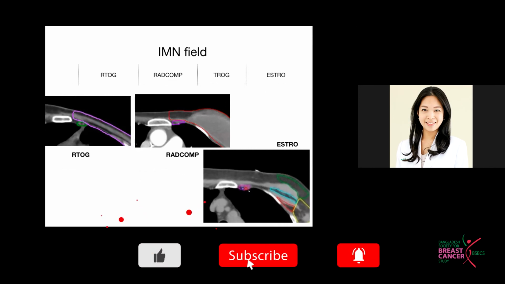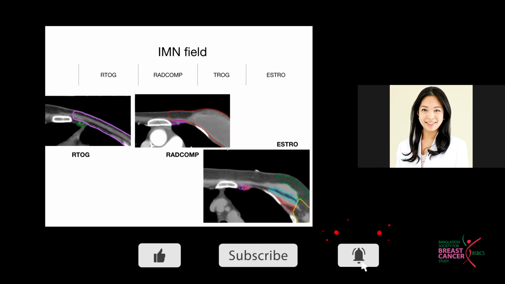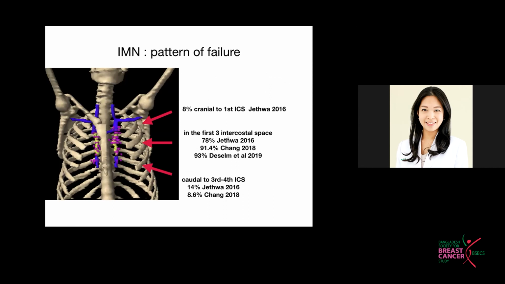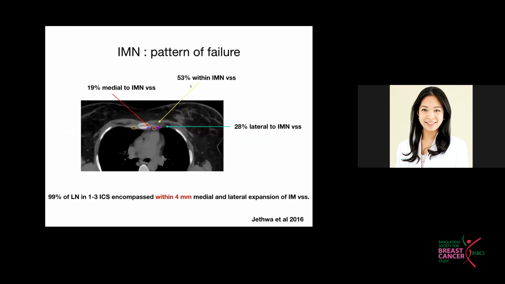When we look at the pattern of failures, most of the patients recurred in the first three intercostal spaces, and about 10% recurred below the third intercostal space. Also, 50% recurred within the IMN vessels, and about 20 to 30% recurred medial and lateral to the vessels.